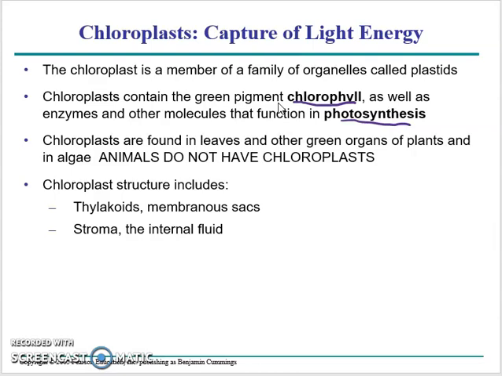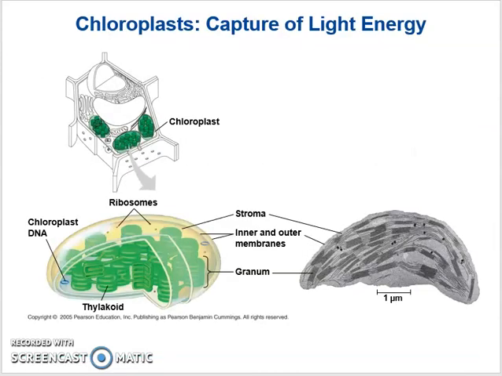So chloroplast structure includes thylakoids, these little membranes on the inside, and what is called the stroma. If you look at this, this is a chloroplast. It's got the green chlorophyll, which are basically filling up, they look like little stacks of pancakes or Oreo cookies. The membrane that holds the chlorophyll is called the thylakoid.